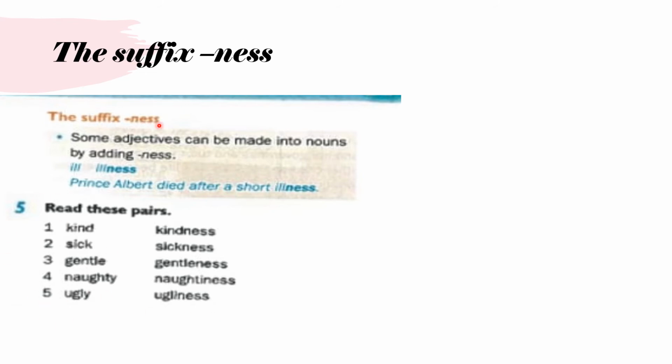We changed them into nouns by adding the suffix ness. And we have a note here in number 4 and 5. These two adjectives end in the letter Y. If we want to change them into nouns by adding the suffix ness, we have to change the letter Y into I, then add the suffix.